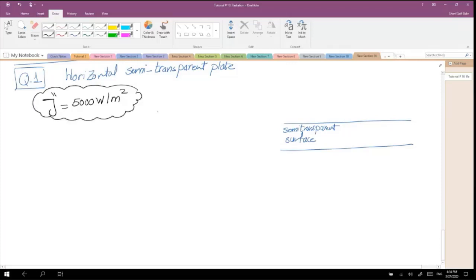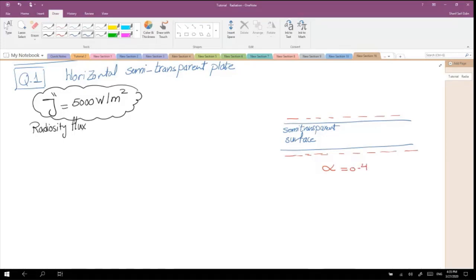Alright, so this is radiosity, flux, and given to you also alpha, the absorptance, is 0.4.